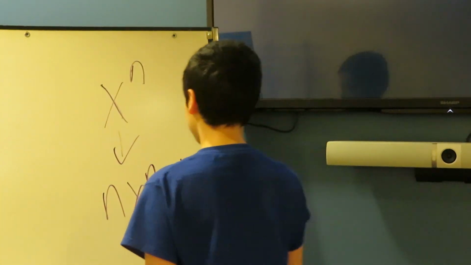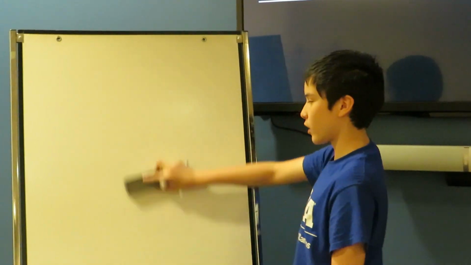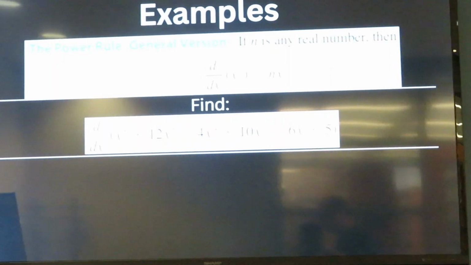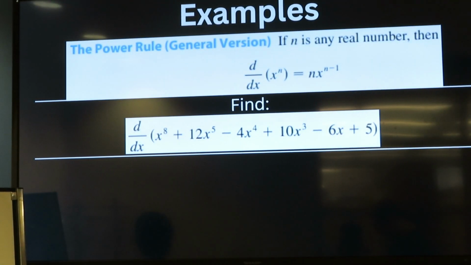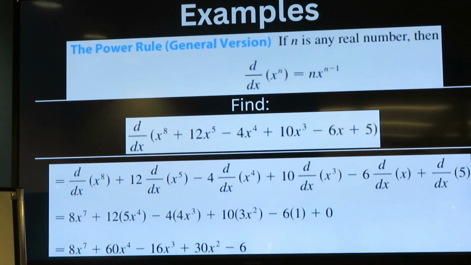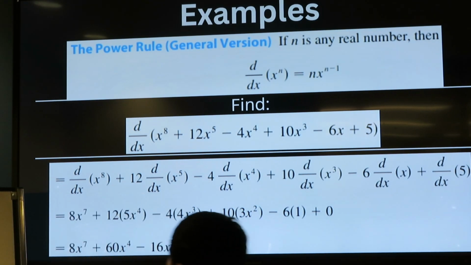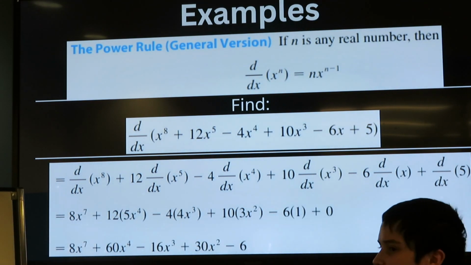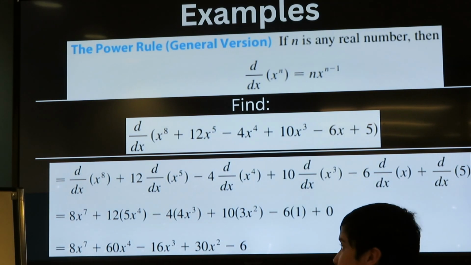So here's some examples. Feel free to try these examples on your own before I reveal the answer. As you can see here, we use the sum rule and difference rule, in addition to the power rule and the constant multiple rule.